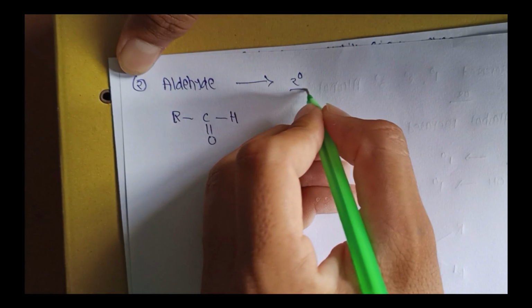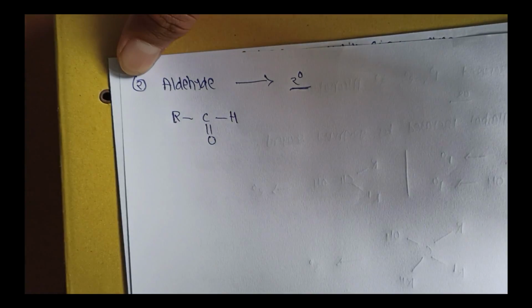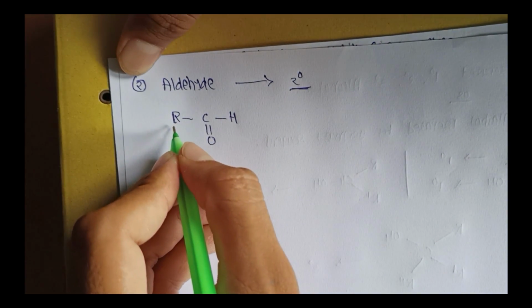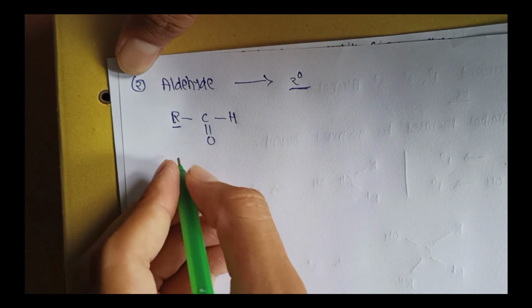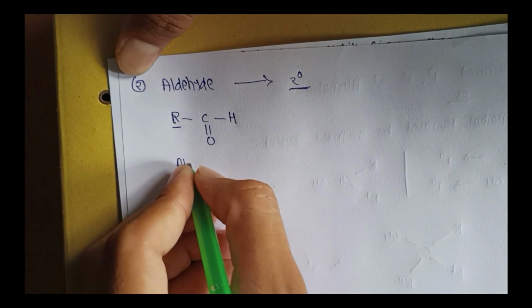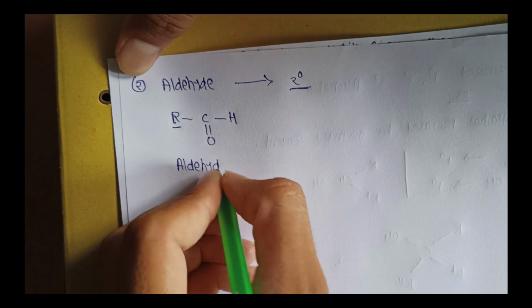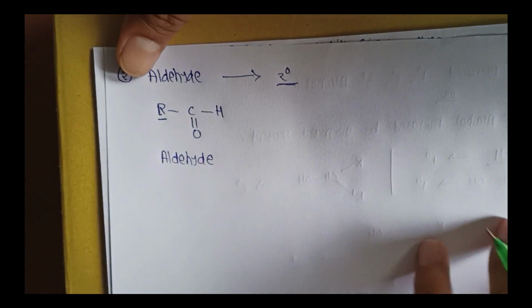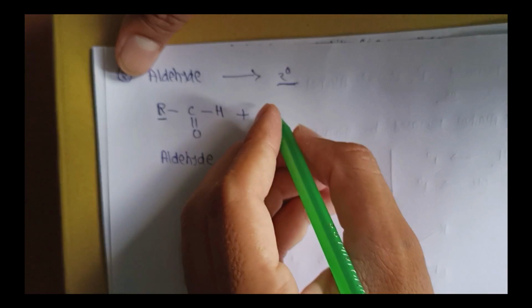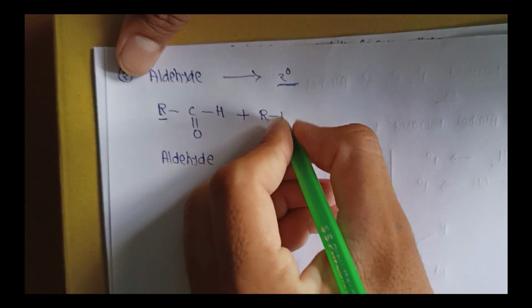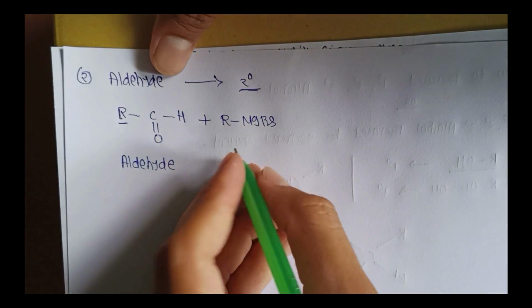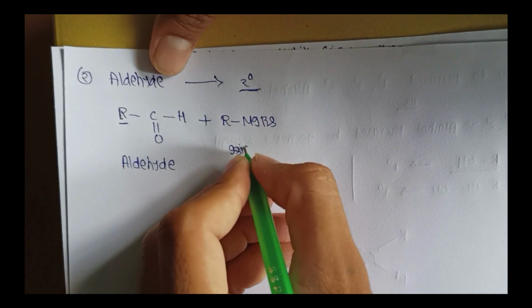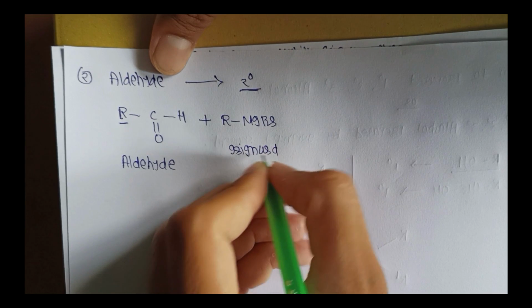Here secondary alcohol is required, therefore formaldehyde is not required. For the aldehyde, the same process requires MgBr, Grignard reagent.